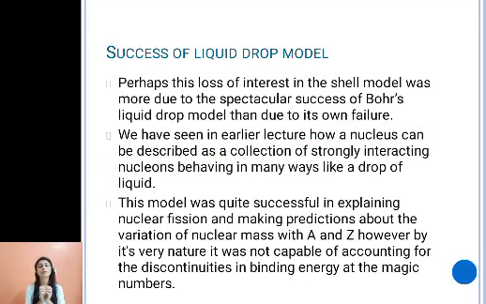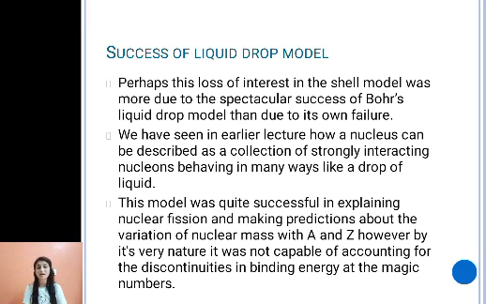Success of the liquid drop model. Perhaps the loss of interest of physicists in the shell model was also because of another model which was proposed, that is the liquid drop model. And the liquid drop model was able to explain nuclear fission, which was a great success. We have seen in the earlier lecture how a nucleus can be described as a collection of strongly interacting nucleons behaving in many ways like a drop of liquid.